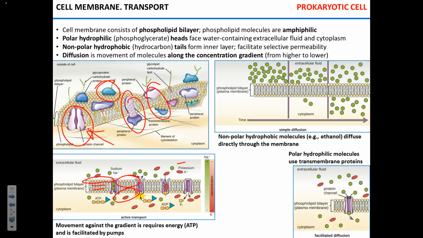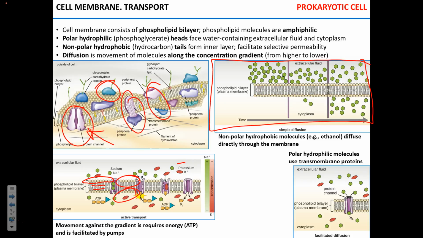The major types of transport. Diffusion, right? Here's your diffusion. Diffusion is always along the concentration gradient. Does that make sense? That's your diffusion. Some molecules can diffuse directly through the membrane.